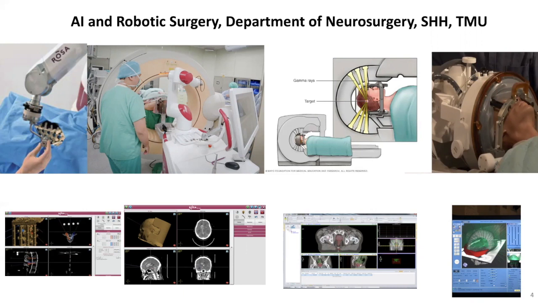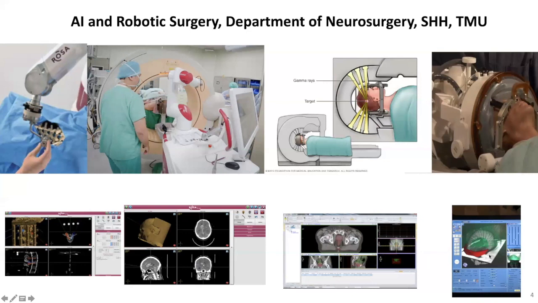In my department of neurosurgery, when we perform spine surgery, we use a computer for planning. This is the planning software when we perform brain surgery, and this is the planning software for the gamma knife. You can see we use a lot of automatic segmentation to help us make a diagnosis.